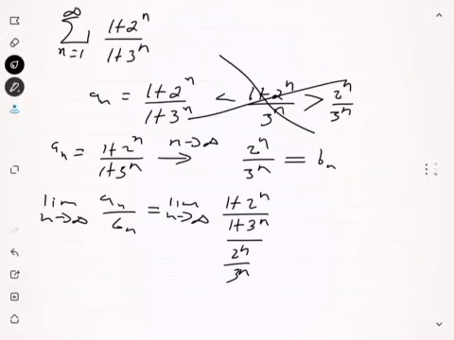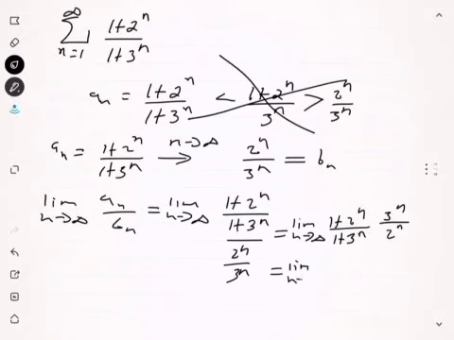Now, this is just the limit as n approaches infinity of (1 + 2^n)/(1 + 3^n) times 3^n/2^n. And then this is the limit as n approaches infinity of (1/2^n + 1)/(1/3^n + 1).